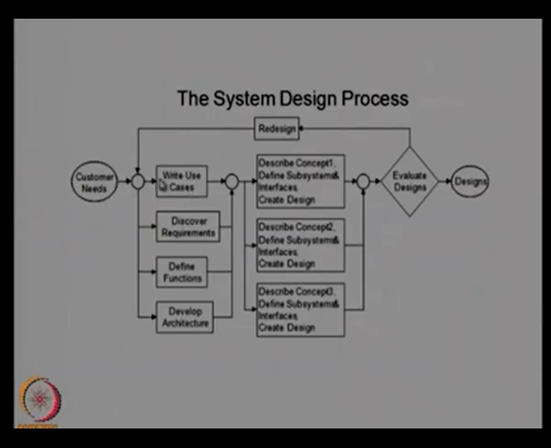So from the customer needs we do all these, and then we go for concept development, multiple concept development, and then evaluate these concepts and then take a final design, and if the designs are not to the required specification or not meeting the requirement, then we go for a redesign and again go through all these stages.